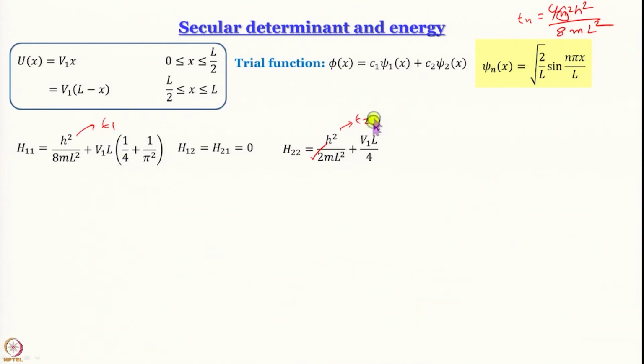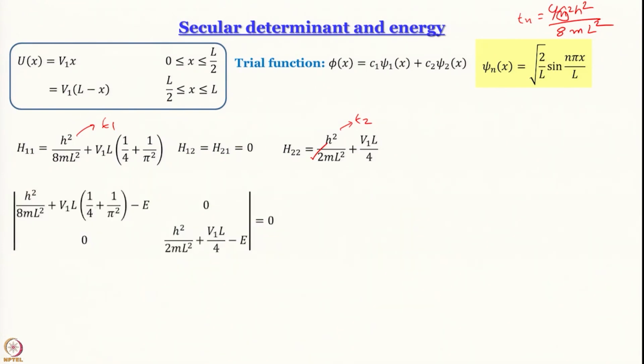H22 is the energy of the second energy level plus a correction term provided V1 is small, and the corrections are not exactly the same. For H22 it is V1L by 4, for H11 it is V1L by 4 plus 1 by pi square. We will see how this is important, but let us go ahead and finish our discussion.